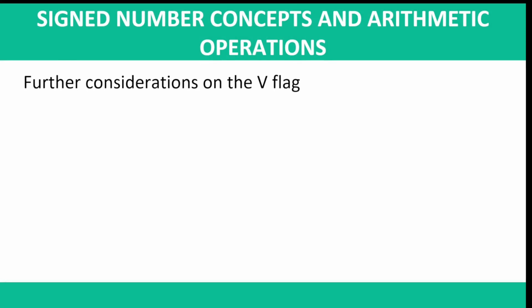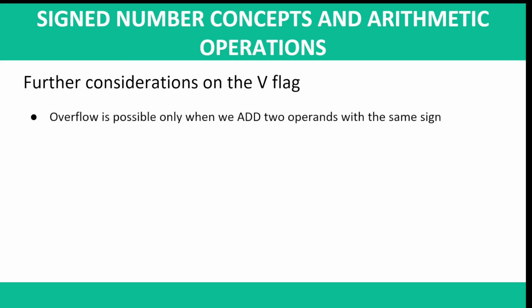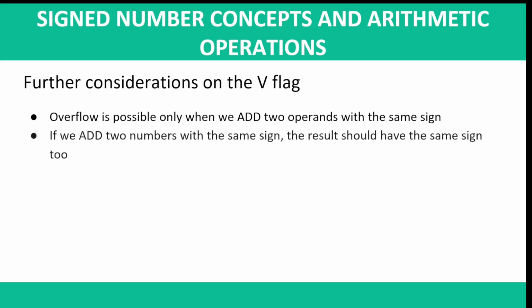So, there are also further considerations on the V flag. Here we have the overflow is possible only when we add two operands with the same sign. So, if different ang ilang sign, there's no overflow possible. And if we add two numbers with the same sign, the result should have the same sign too.